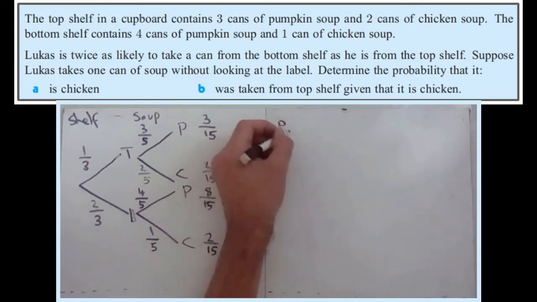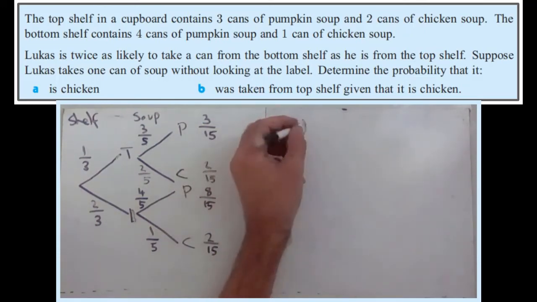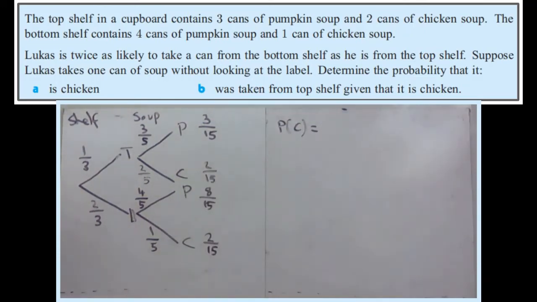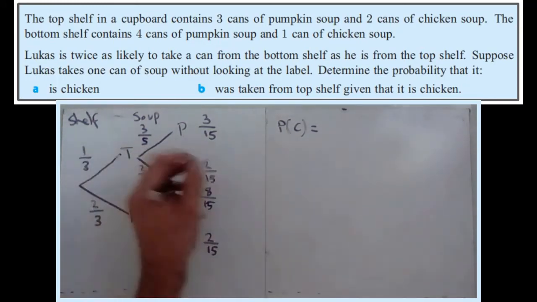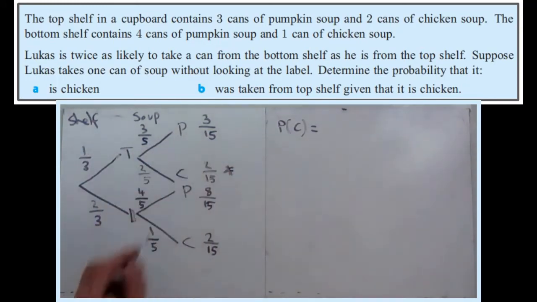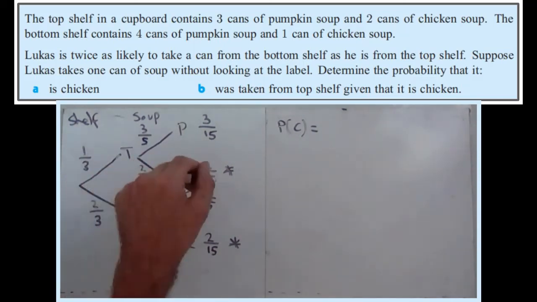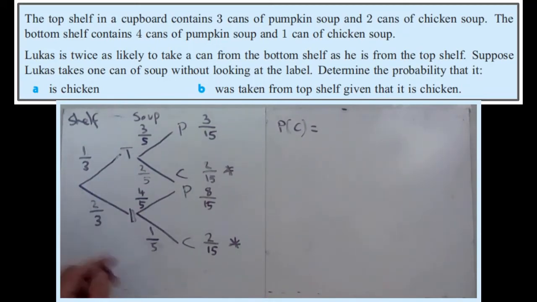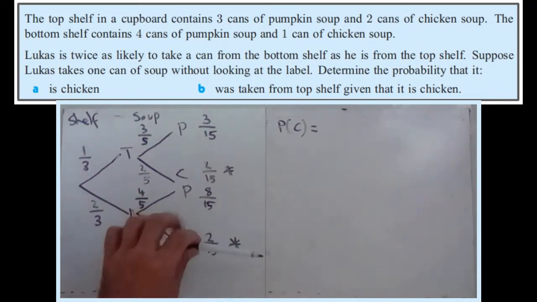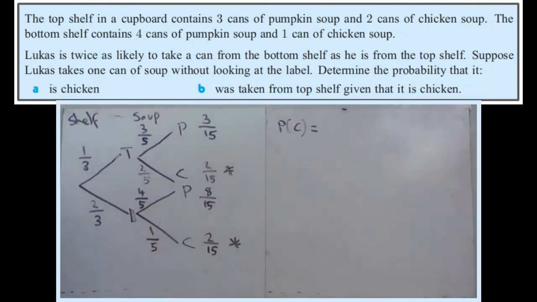So probability chicken. Now there's more than one way we can get chicken. We could get chicken from the top shelf, or, keyword or, we could get chicken from the bottom shelf. These are mutually exclusive events, in that if top shelf and chicken happens, then bottom shelf and chicken can't happen. If one of these paths happens, it excludes all three of the others from happening.